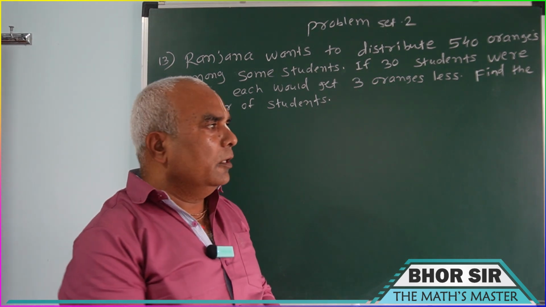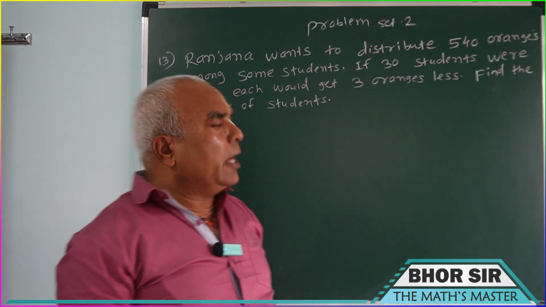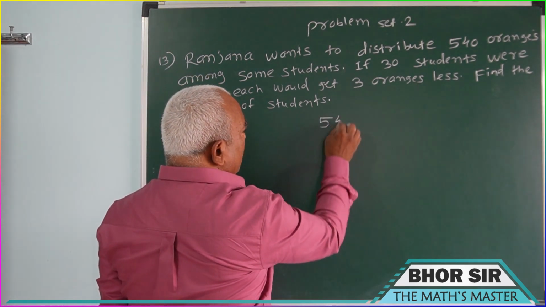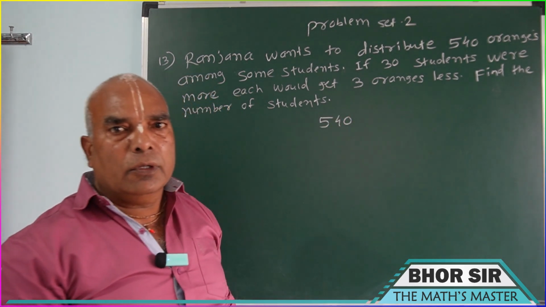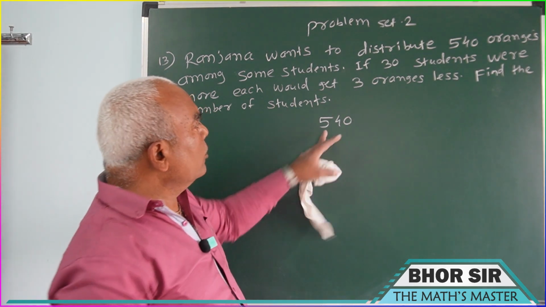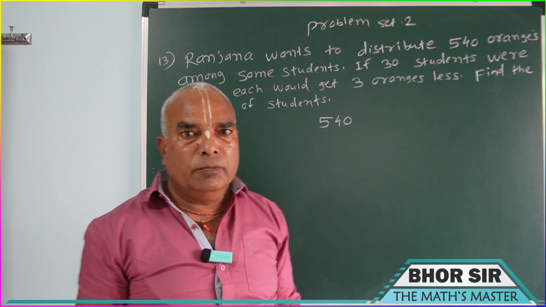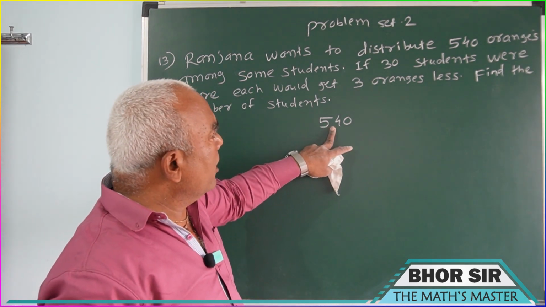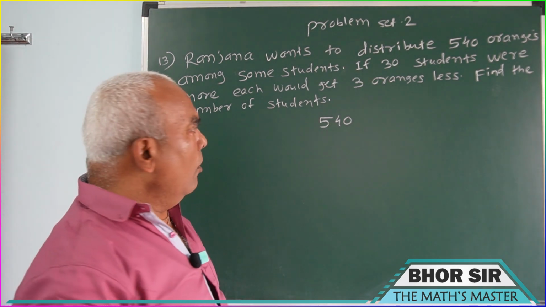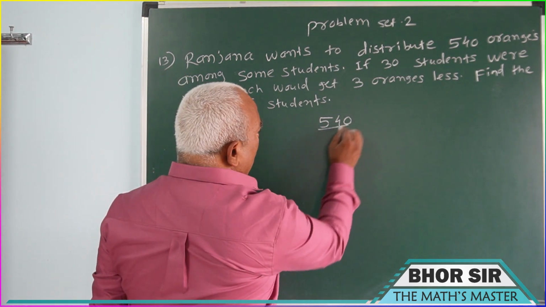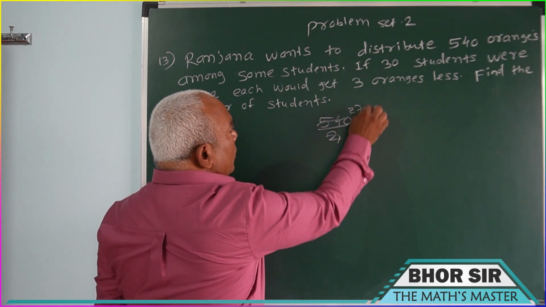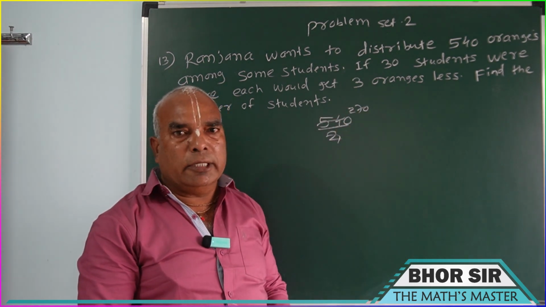See here. There are a total of 540 oranges. Suppose there are 540 students, each student will get one orange. If we give 2 oranges to every student, then 270 students will get oranges.